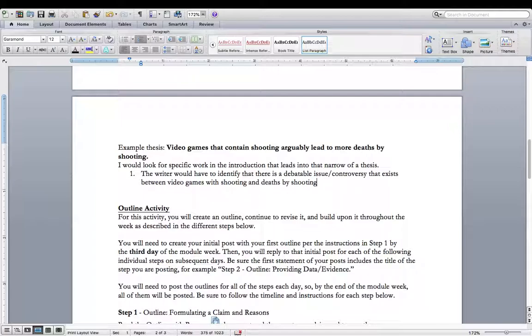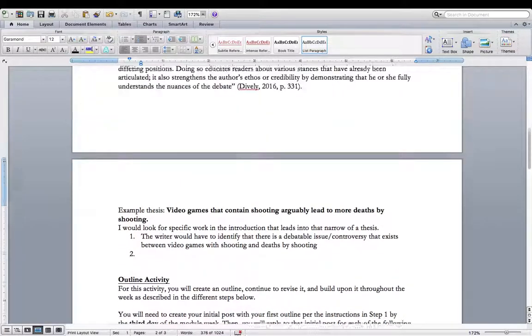I don't know, it's not a good argument, but just bear with me. So first, the writer has to identify that there's an actual issue, and it can't just be the writer saying, this is an issue, because the reader is going to be like, you're full of hot air. I need proof.